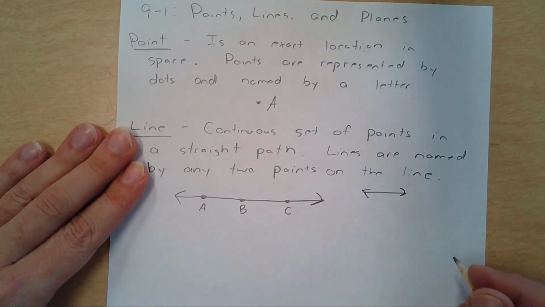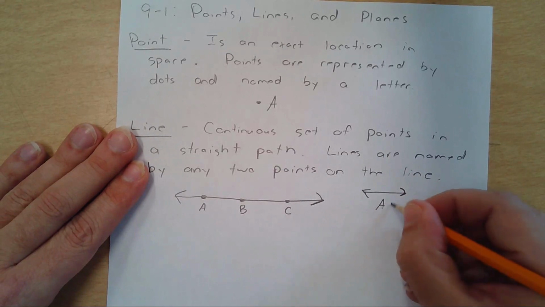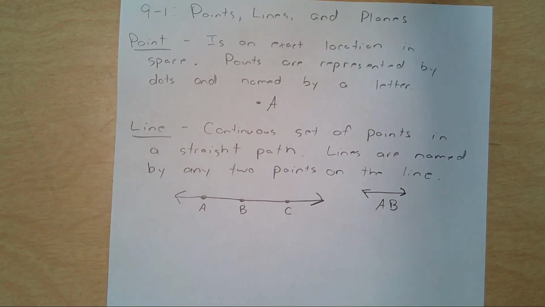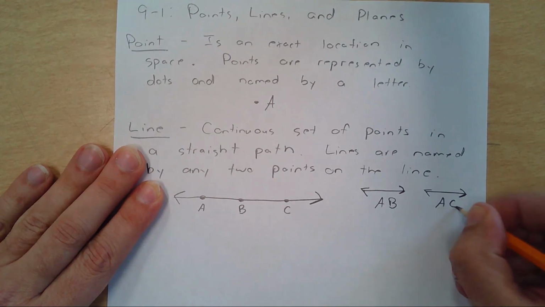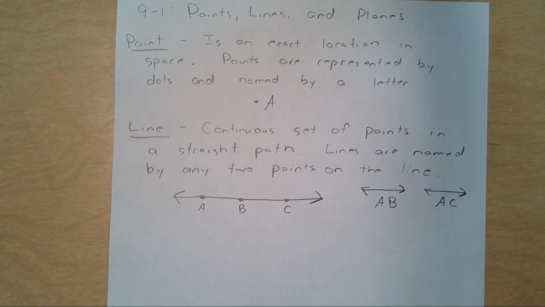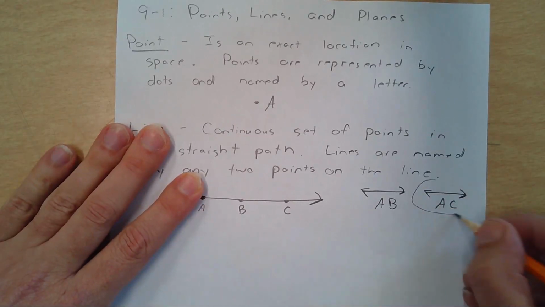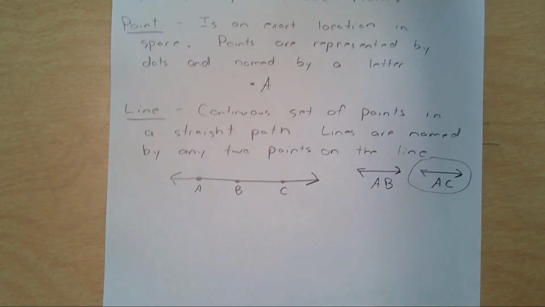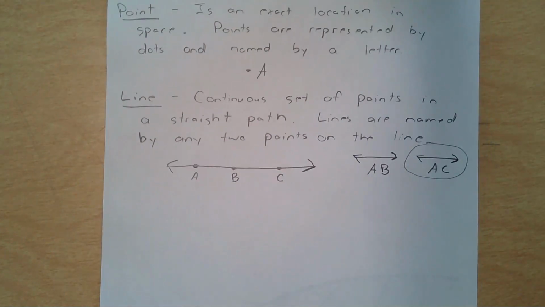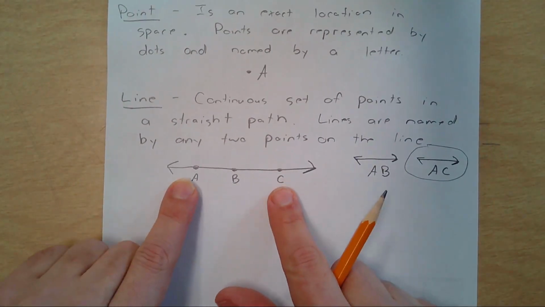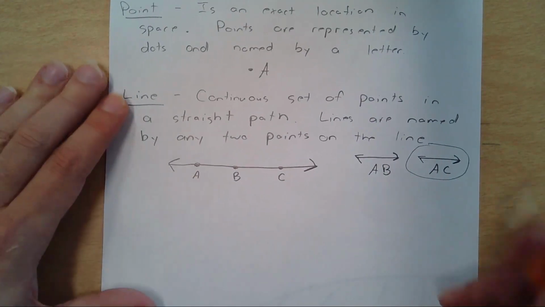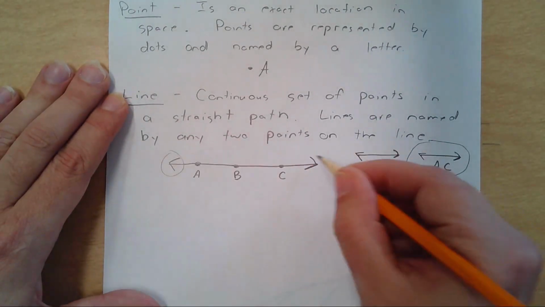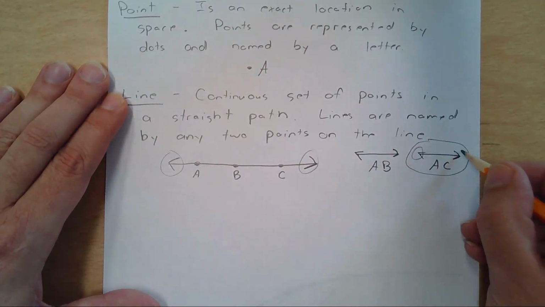And I could call this line AB, or I could call it, probably the best name would be AC, or I could write BC. They're all technically correct, but this right here is the clearest definition, I would say, just because it takes the points that are on both ends. So the key thing when we're talking a line is lines must have these arrows on both sides.